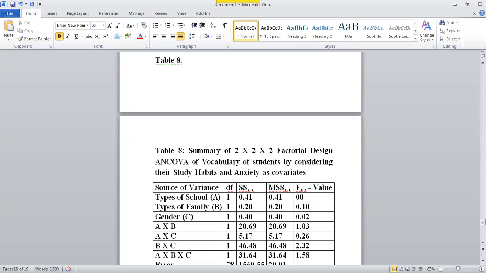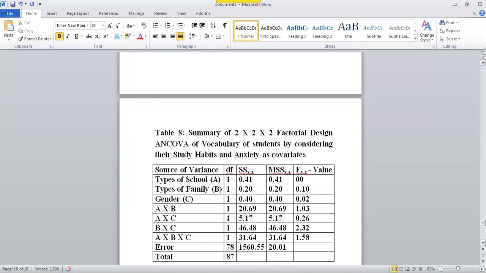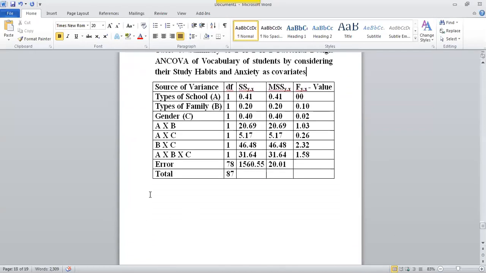And don't put a full stop because it is a table heading. Okay. Now I have to start writing the interpretation.